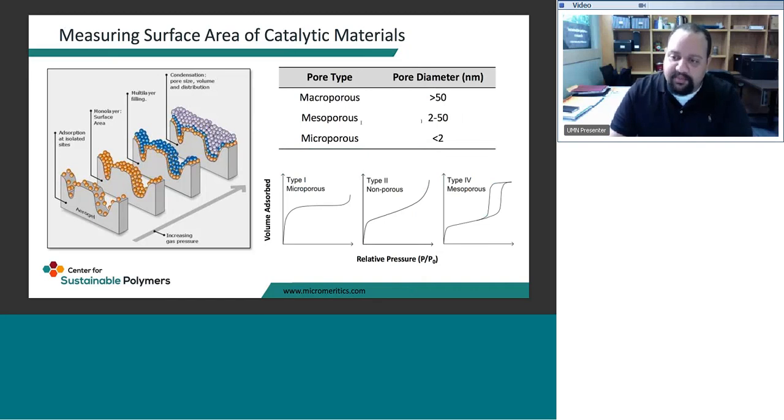However, mesoporous materials, such as amorphous silicon dioxide, have a pore diameter anywhere between 2 and 50 nanometers. And then we come to these microporous materials, such as zeolites, which have less than 2 nanometers in pore diameter.